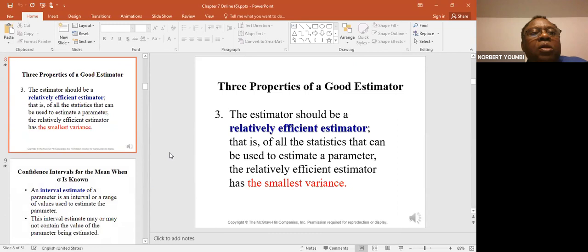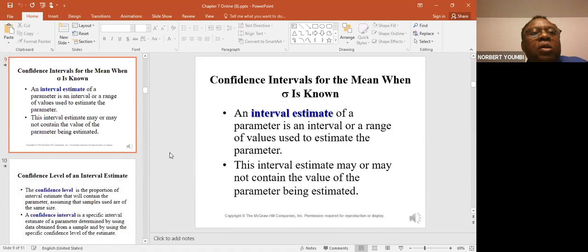It is relatively efficient, meaning that of all other estimators, it has the smallest variance. A good example of an estimator is the sample mean for the population mean, and the sample variance for the population variance.